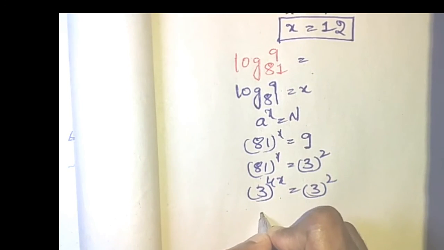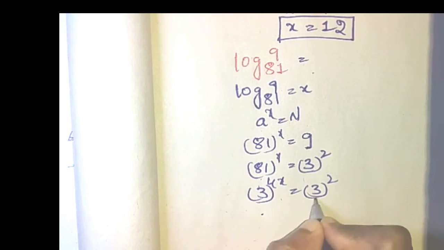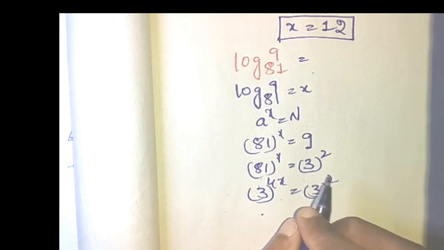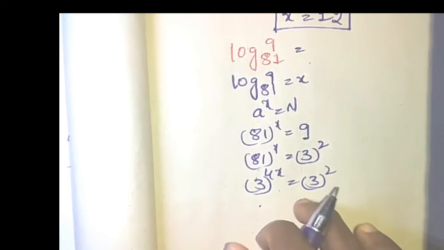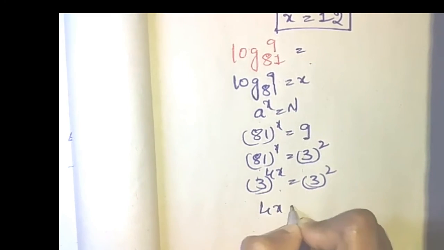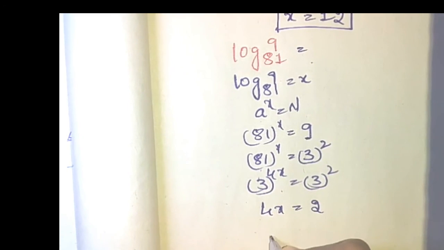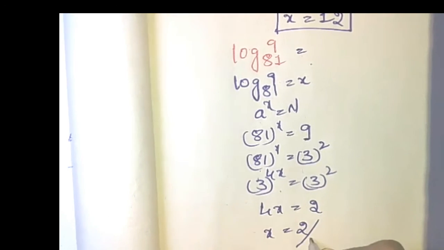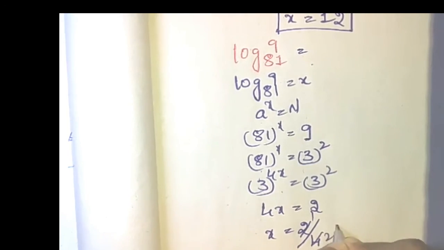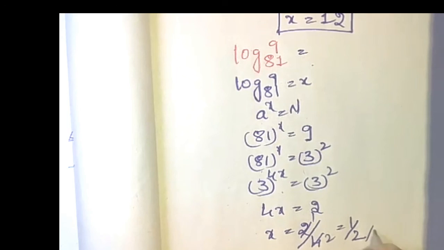Here bases are same, so powers should be equal, that is 4x is equal to 2, that is x is equal to 2 by 4, which is 1 by 2. 1 by 2 is your answer.